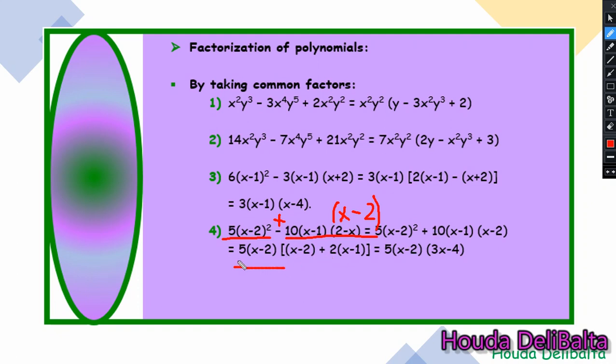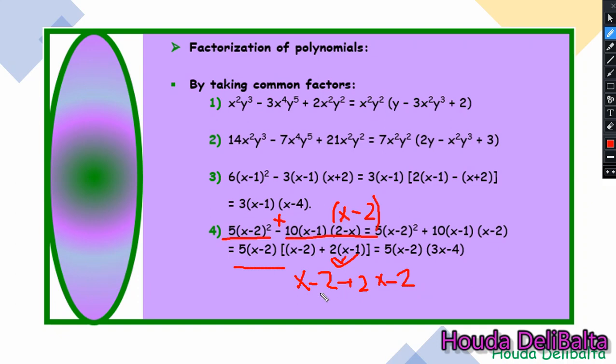Now 10 divided by 5 is 2. X minus 1 is kept, and x minus 2 is going to be simplified by x minus 2. And thus inside I get x minus 2 plus 2 into x minus 1, so x minus 2 plus 2x minus 2.